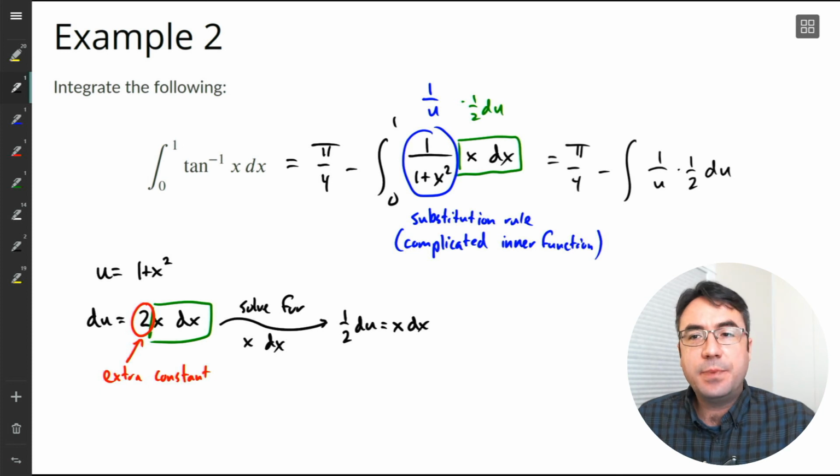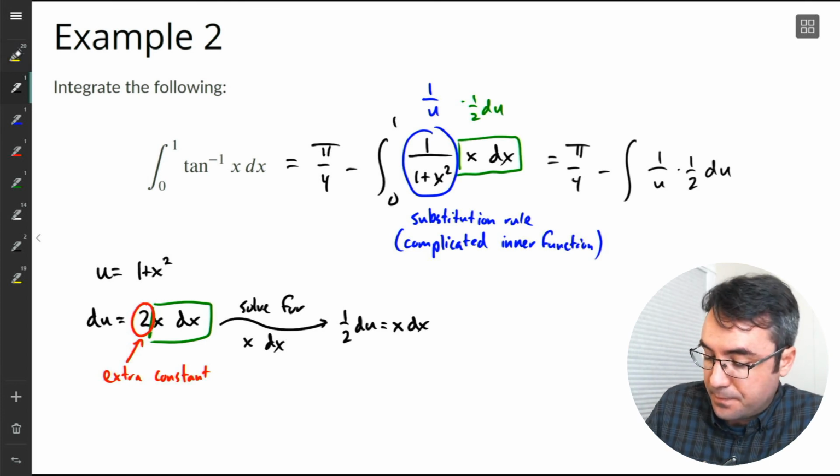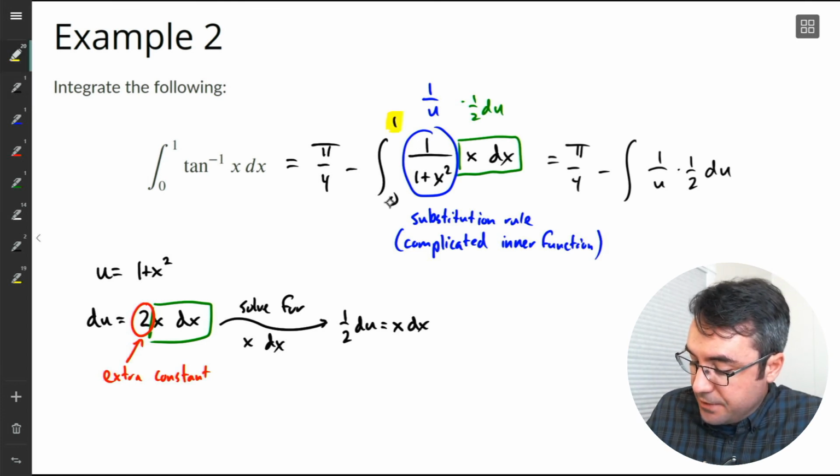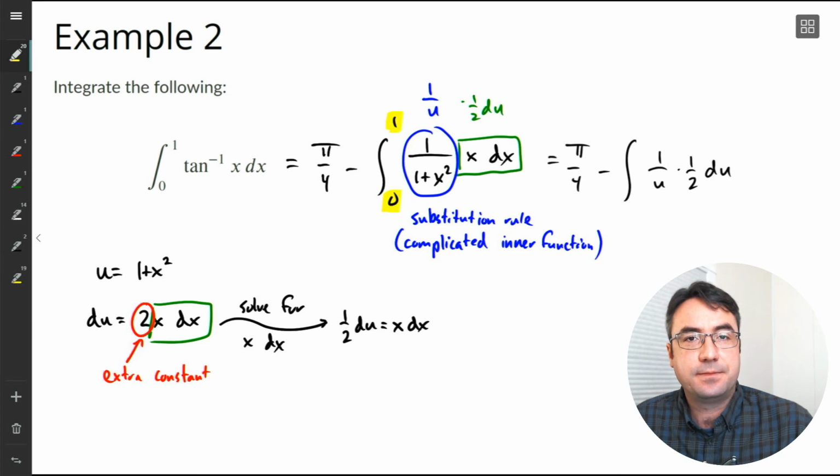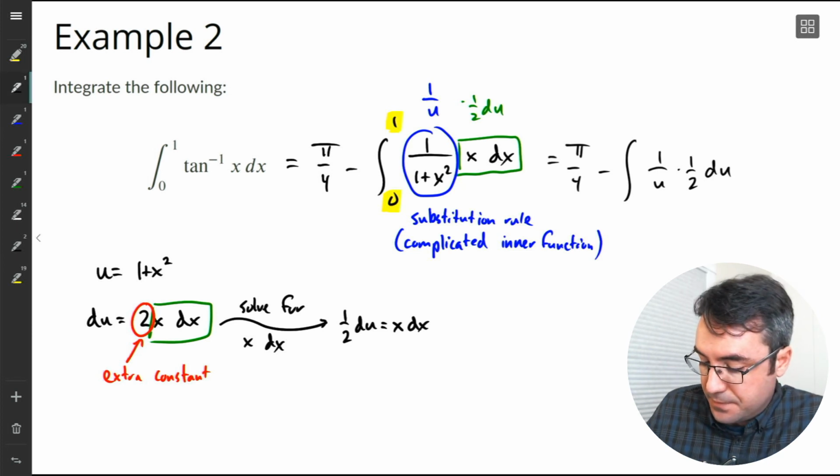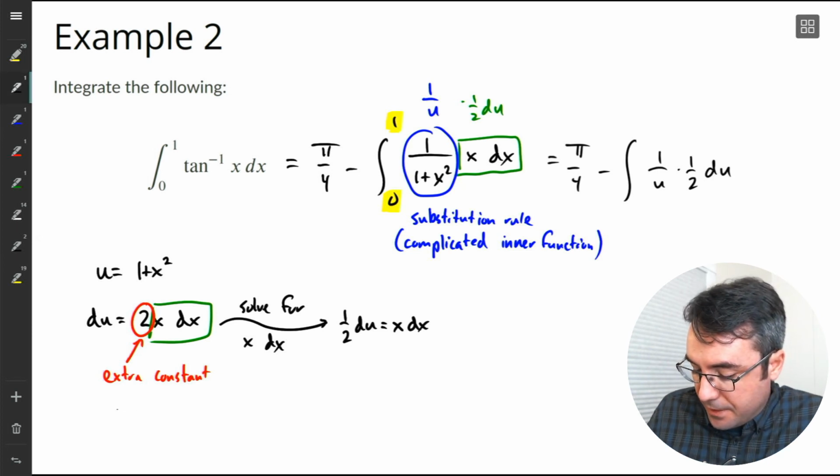And we have a little bit of control over what we do with the limits of integration. So let's convert those limits of integration. Our upper limit is x equals 1, and our lower limit is x equals 0.